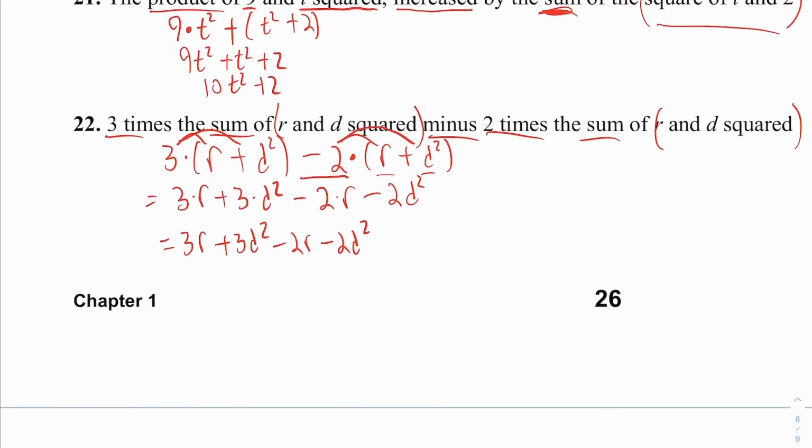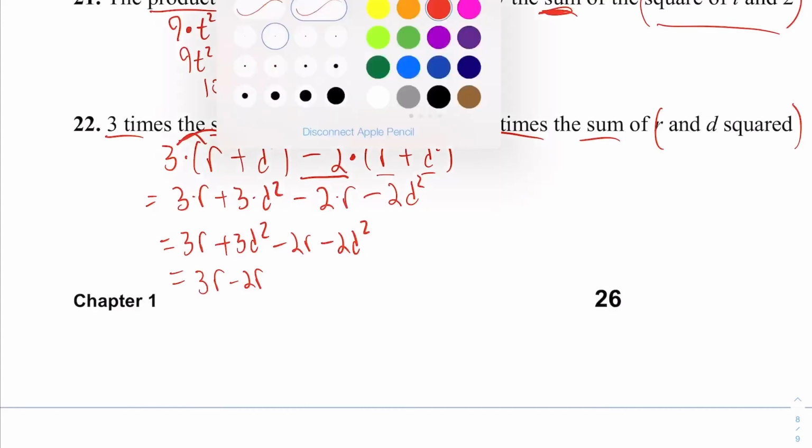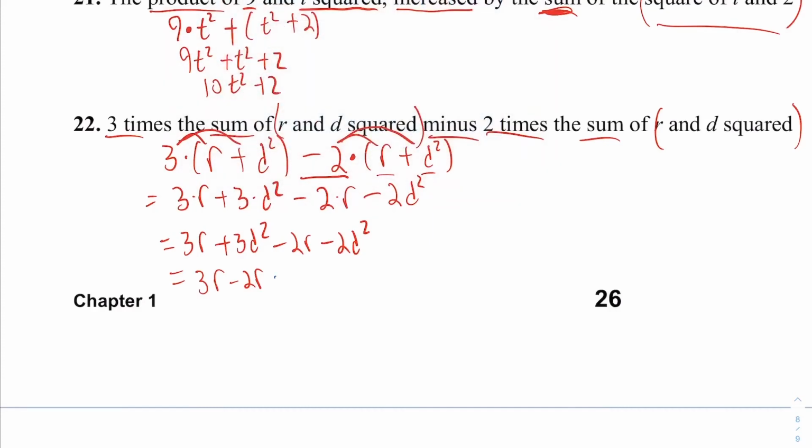And for this one, we should rewrite it. We're going to use the commutative property. We're going to change the order. We're going to put 3r minus 2r. We're going to put the r's together first, and I'm going to put the d's second. 3d squared minus 2d squared.